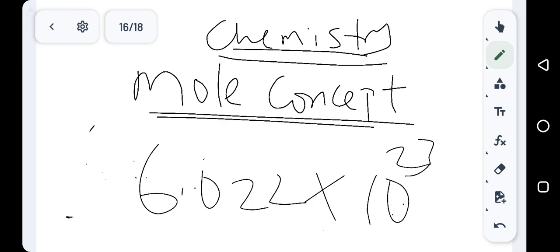Therefore, this number is used when we want to calculate the number of particles in any substance, because we are comparing the number of particles in that substance to the number of particles in carbon-12 isotope. This number is called Avogadro's number because it was a scientist called Avogadro that first found out that the number of particles in carbon-12 is equal to this number.